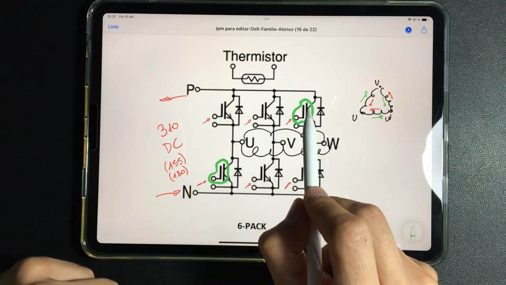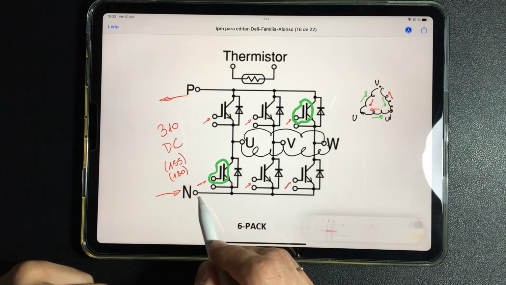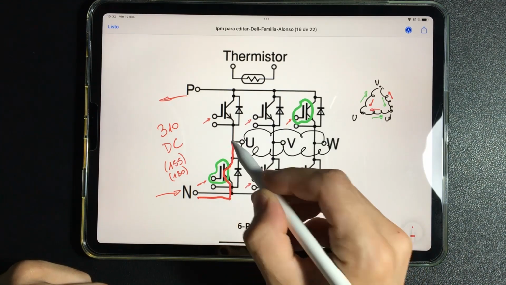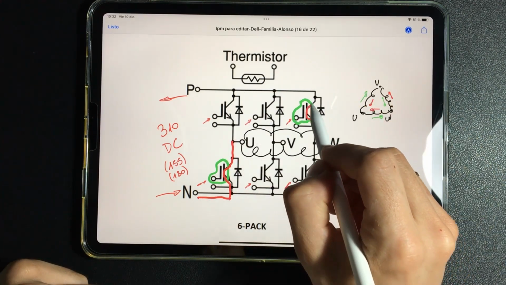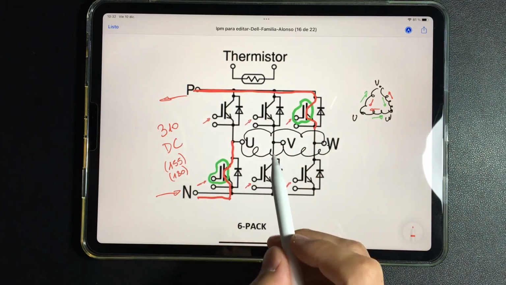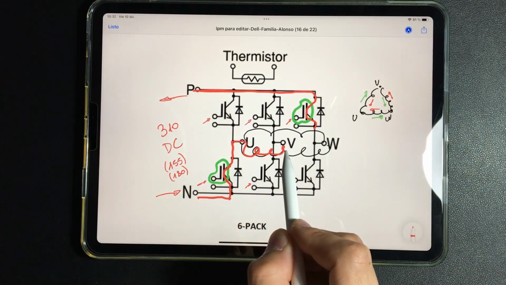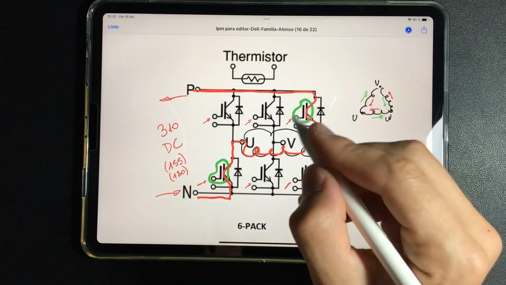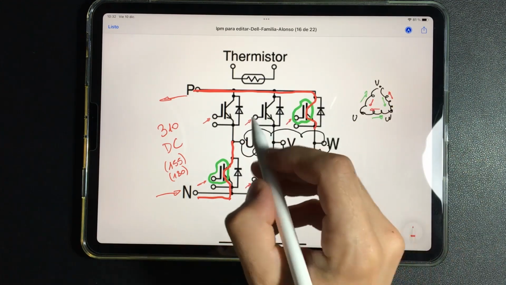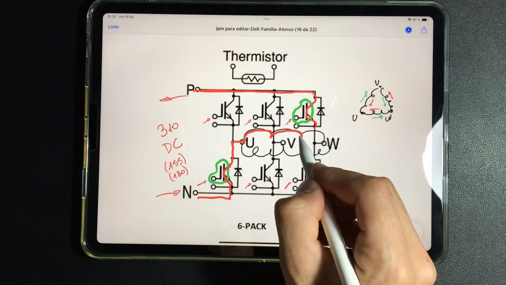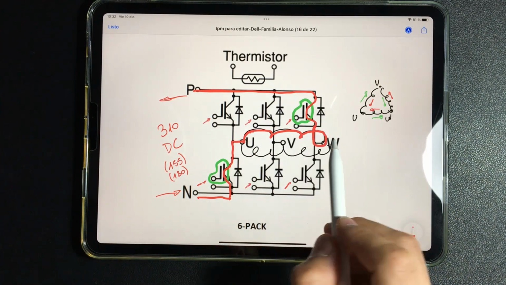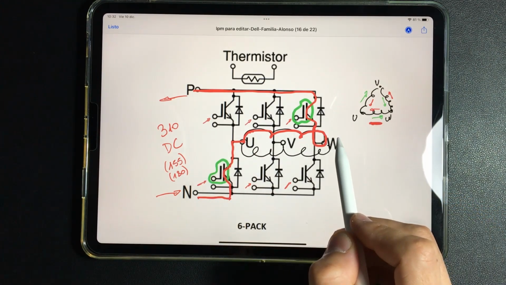If I open this and open this, the electrons will enter through here, cross this key, and exit through here. Then, by deduction, they will cross the coil that is between U and W. They will cross this in this sense.